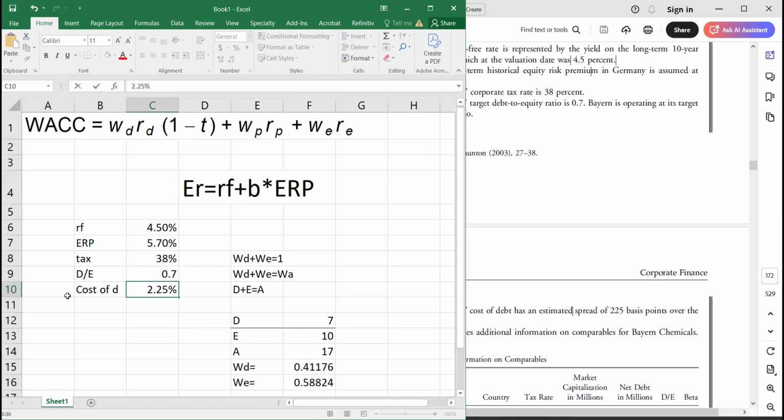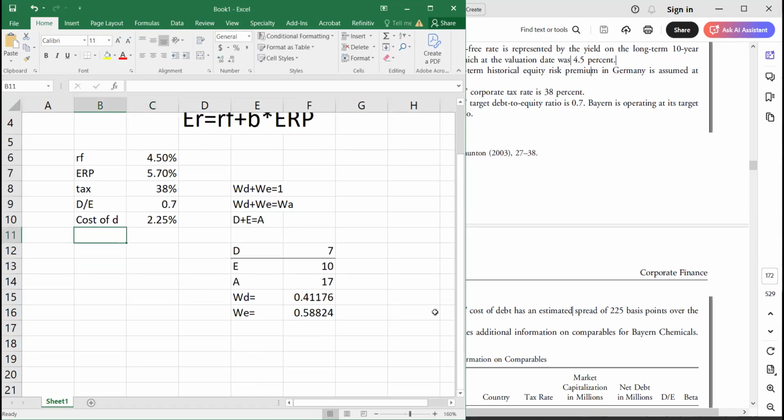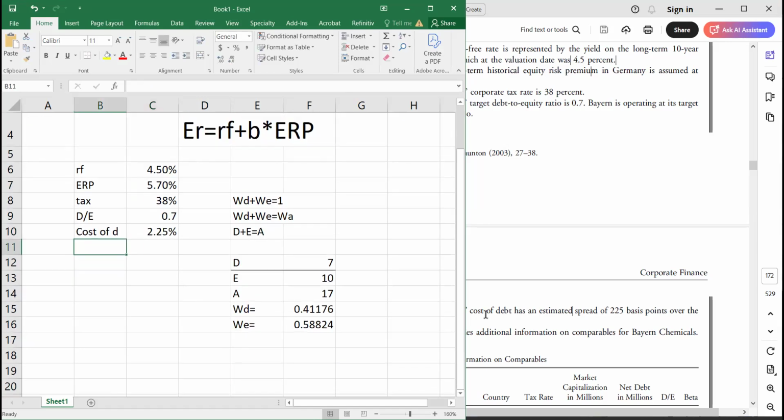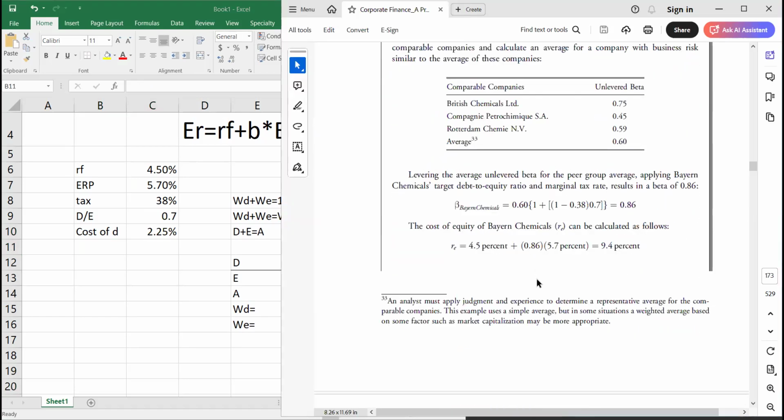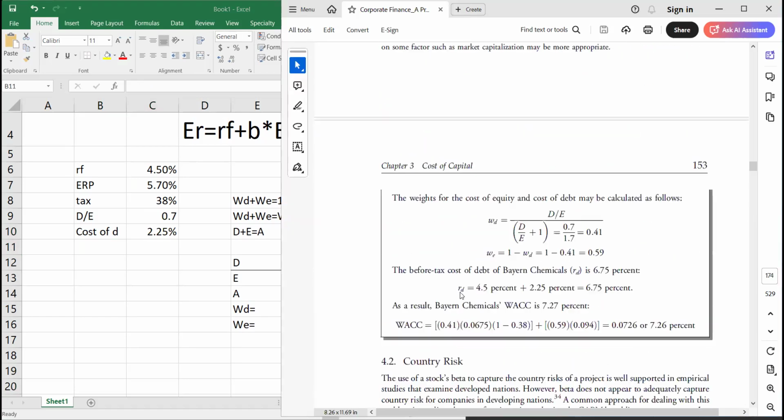We can easily calculate the cost of debt. So cost of debt basically could be calculated using the way of calculation, what do you call it? A second, stuck.